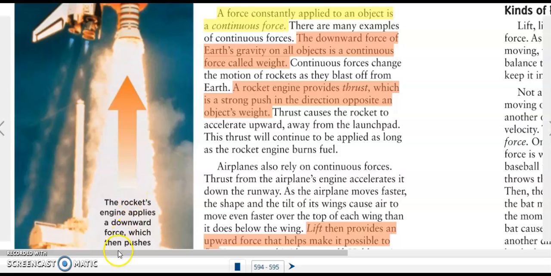The engine applies a downward force, which then pushes it up. And lift is another example of continuous force. A lift provides an upward force that makes it possible to hold the airplane.